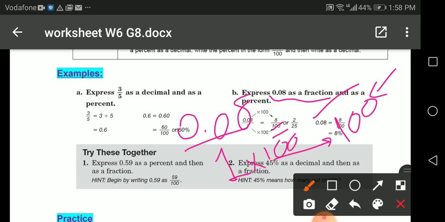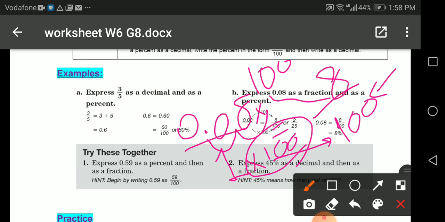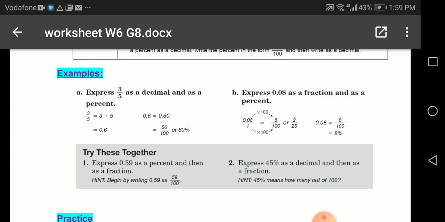Multiply by 100. I will do the same for the numerator, times 100. It gives you two decimal places, so we move the decimal point to the right two places, so it gives me 8. So it's 8%, and it's very easy.